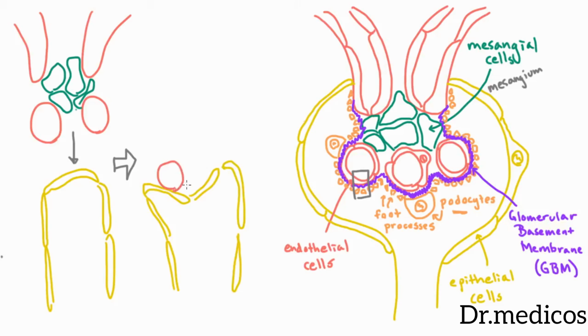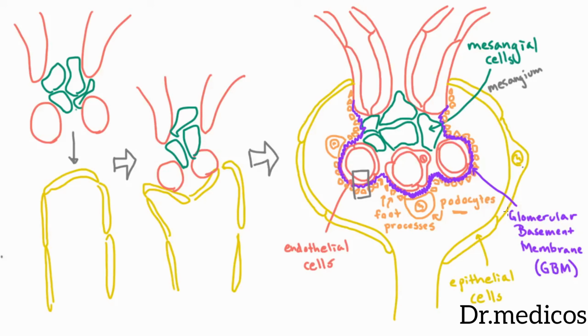with these capillaries pressing in here. And let's keep drawing those arterioles and the mesangial cells. And then eventually it pushes in even more until you get something like this structure here. So basically these cells here that are up against this little vascular tuft start to change and become like these podocytes.